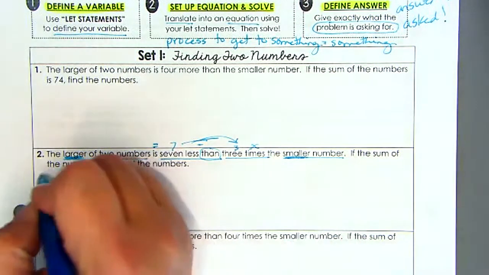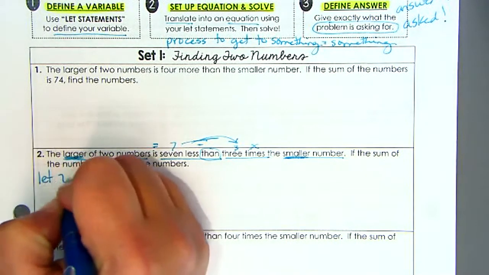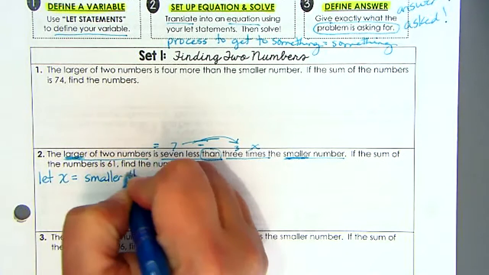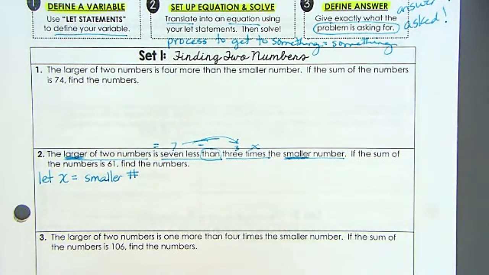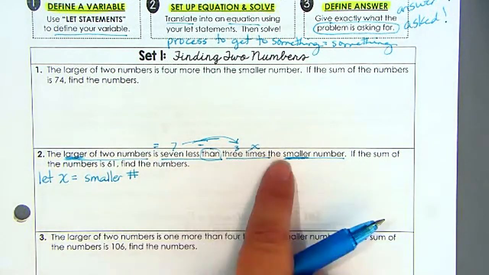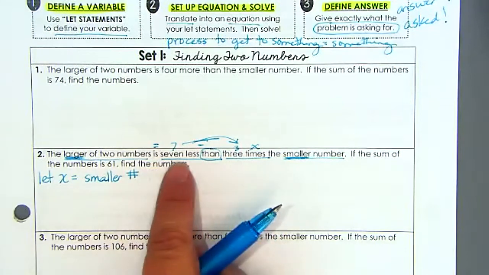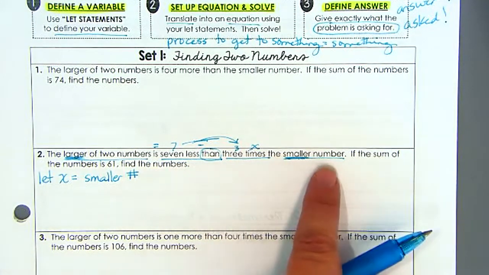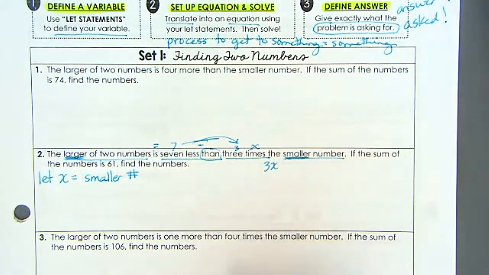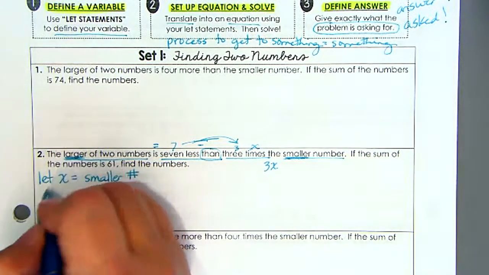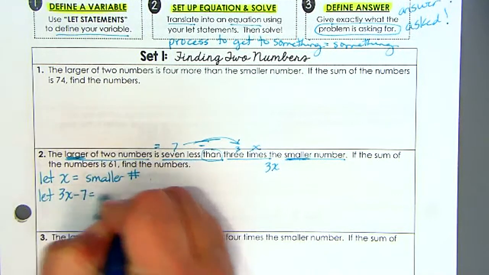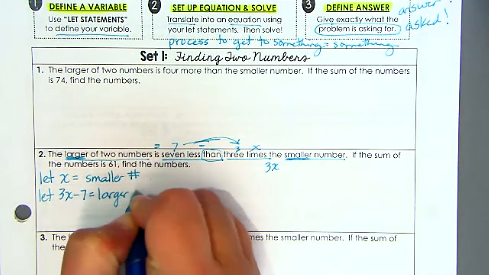So therefore, my first let statement is going to be let x equal the smaller number. Now I can describe the larger number with this information, because it says the larger is 7 less than 3 times the smaller number. 3 times the smaller number, that's going to be 3x. 7 less than this, so I'm going to say let 3x minus 7 equal the larger number.